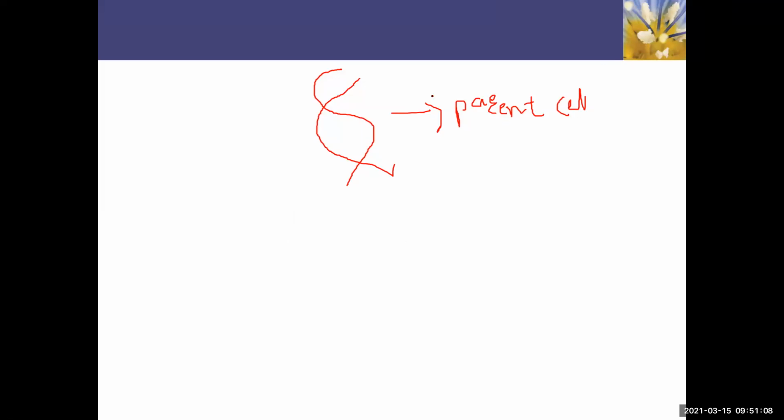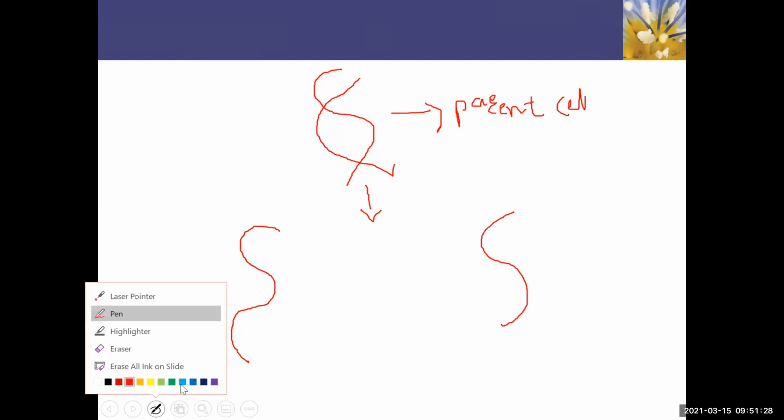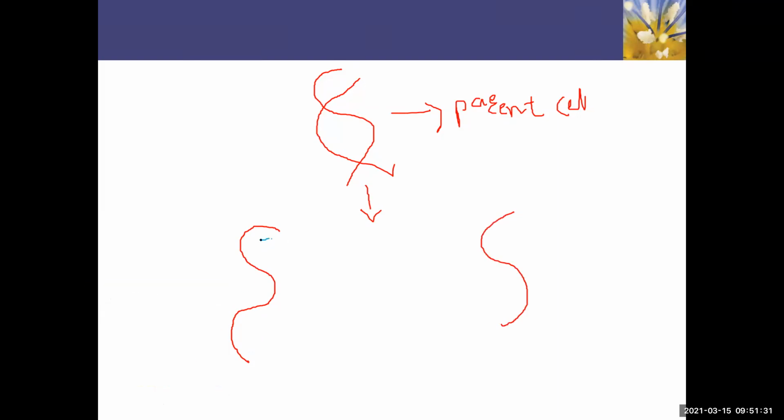So semi-conservative means that if this is your parent DNA, look at the color coding over here. These two strands will be separated. This will be my one parent strand, and this will be my other parent strand. One strand will form its own new opposite strand, the complementary strand. Similarly, this strand will also form its new strand. So what is semi-conservative?